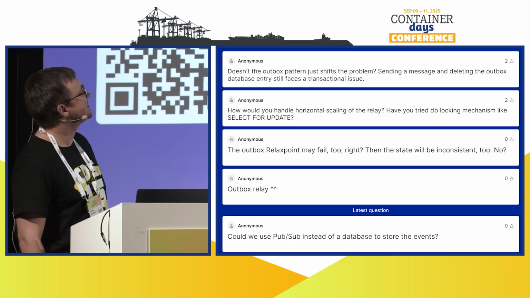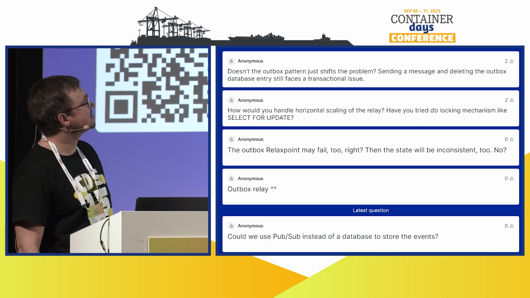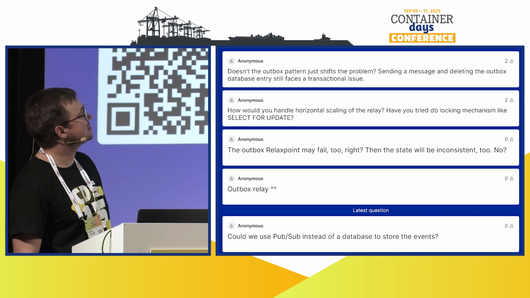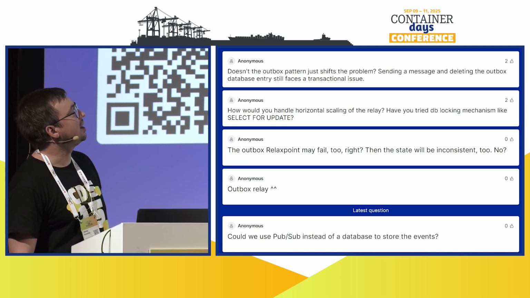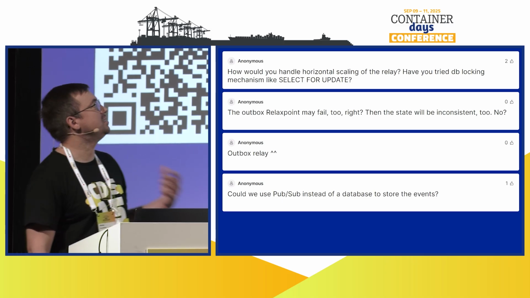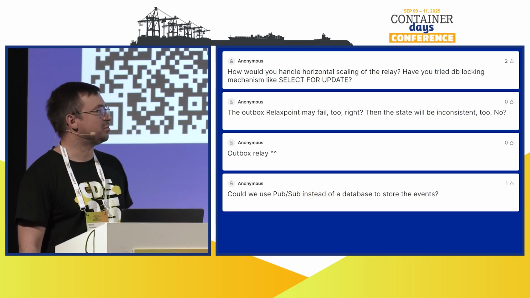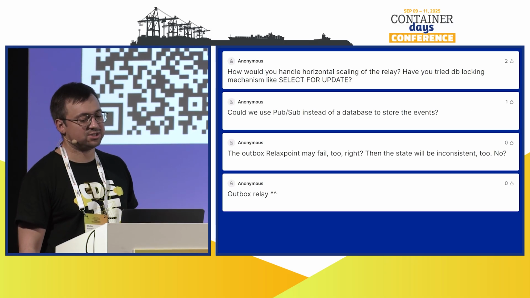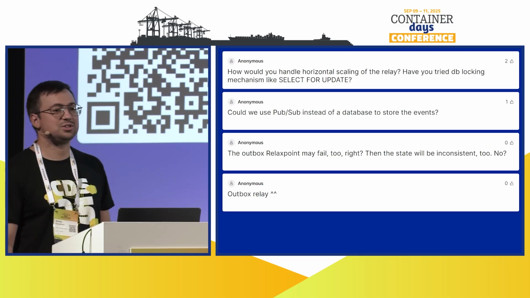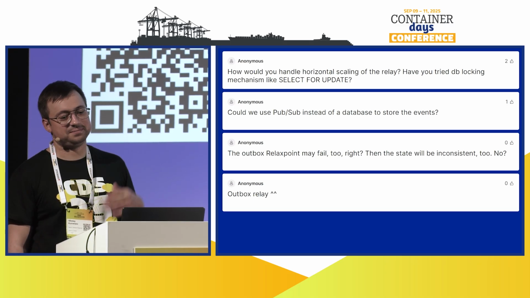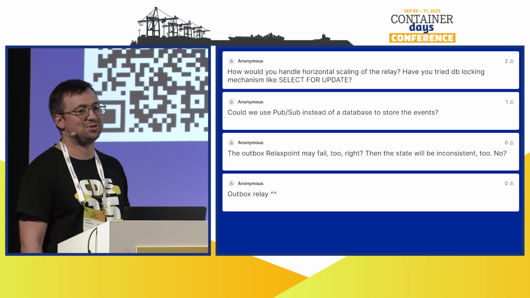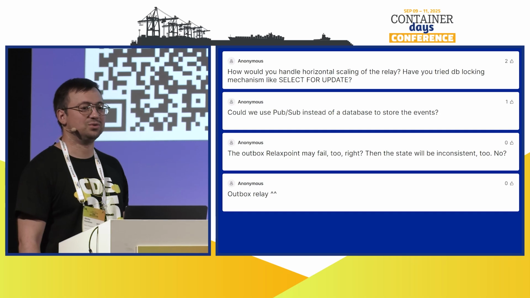Okay. How would you handle horizontal scaling of the relay? Have you tried DB locking mechanisms like select for update? So yeah, I mentioned it doesn't scale well because of Postgres. So if you have higher traffic, then you should start using something like Debezium or PeerDB, but it comes with additional complexity and different kinds of pitfalls, like bloat.